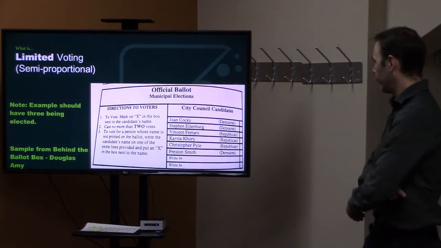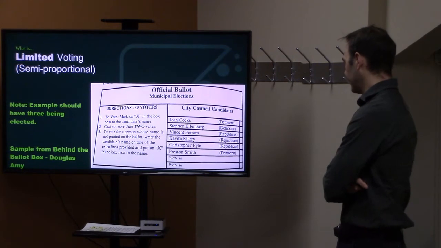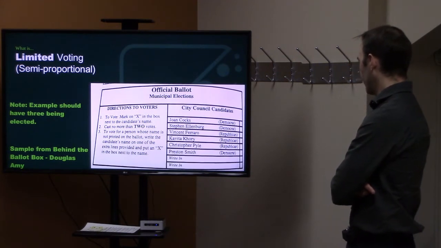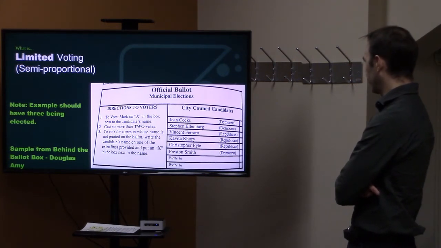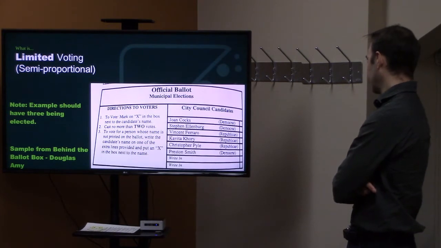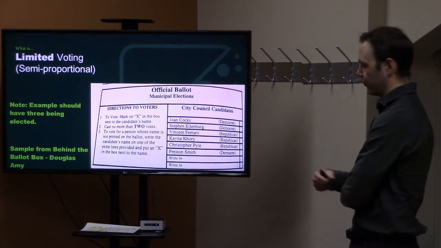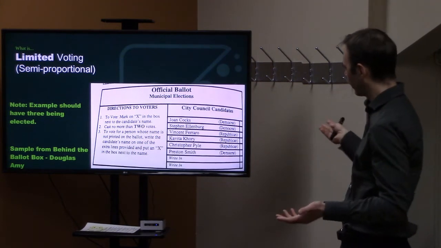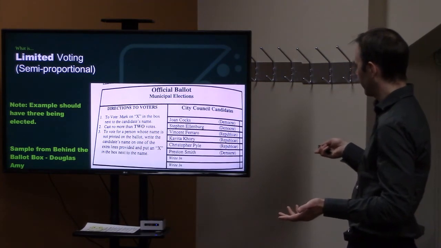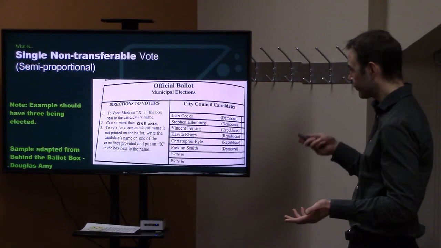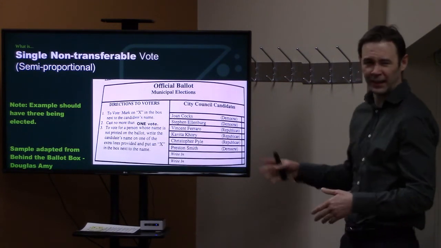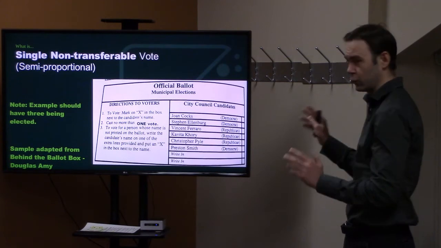So here's an example of limited voting. It just tells you to choose fewer candidates than there are seats to be filled. Like say there are 3 people elected here, it's saying choose 2. So limited voting is always choosing fewer people than there are seats to be filled. And then single non-transferable vote, kind of the extreme of that, where it says just choose 1.